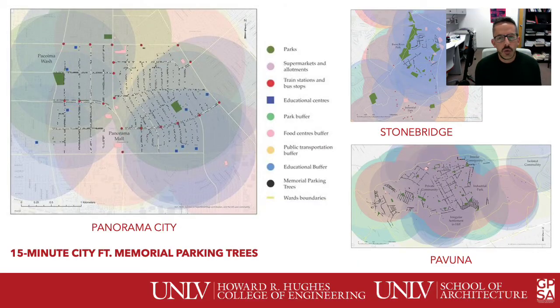We're aware that trees are not the only components that move us out from a vulnerable situation. That's why we decided to include this 15-minute city analysis and see how walkability can help us improve quality of life in these neighborhoods. Each of these 15-minute circles that you can see in these maps has a center in places that we visit often, such as parks, supermarkets, train stations, bus stops, schools, and so on.